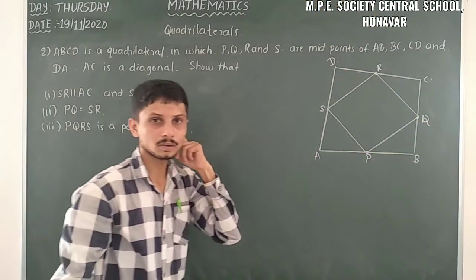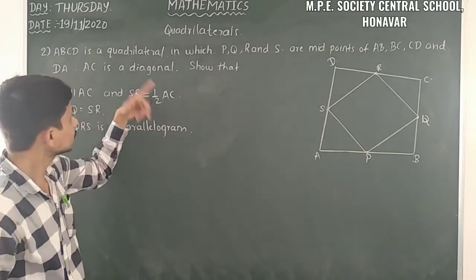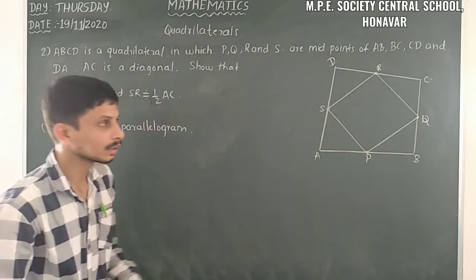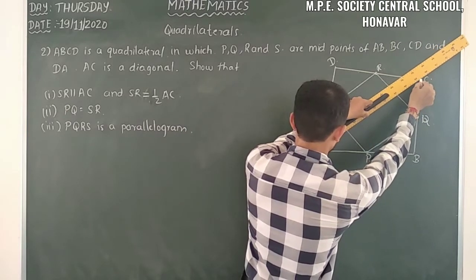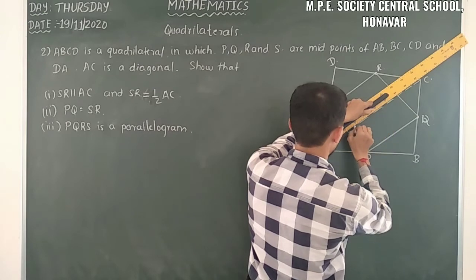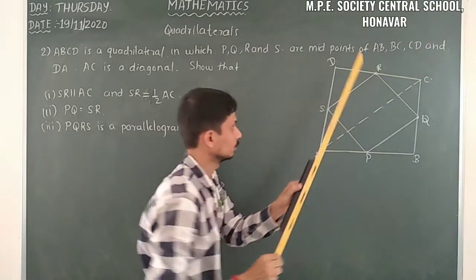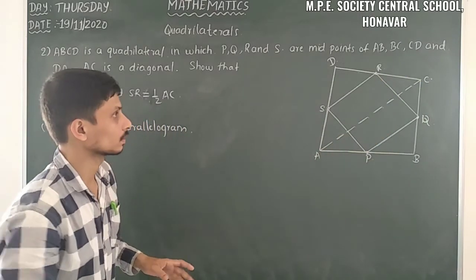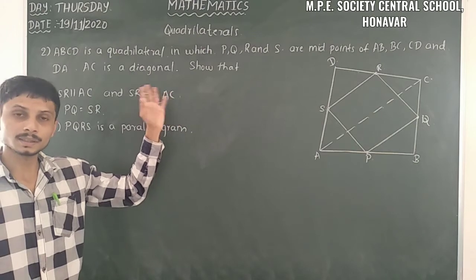Here we have the figure. Then AC is a diagonal, so we have to draw the diagonal AC like this. So it's a construction problem.